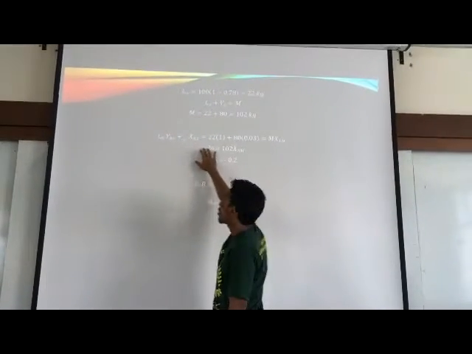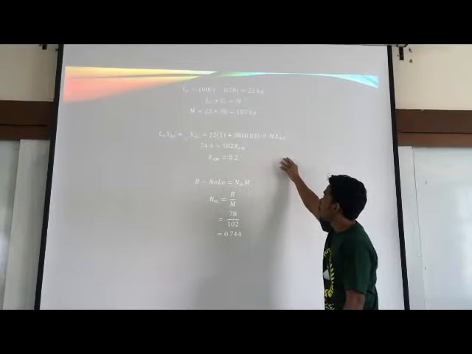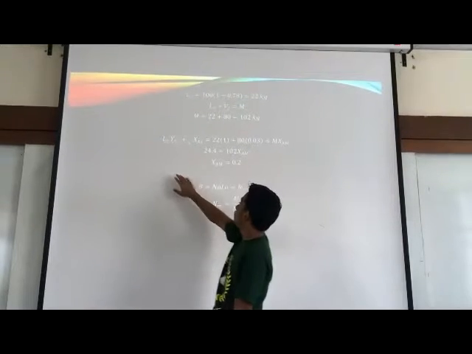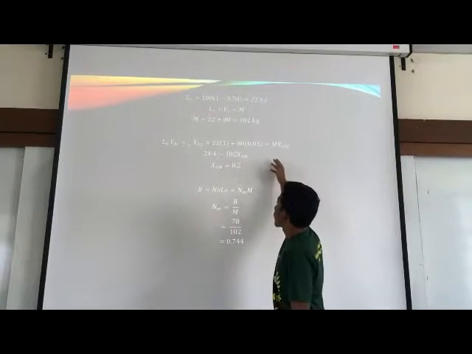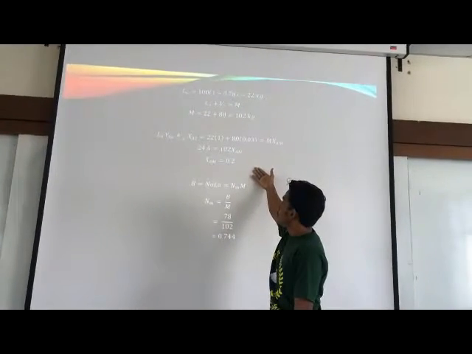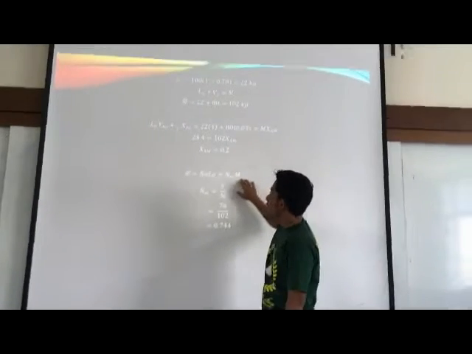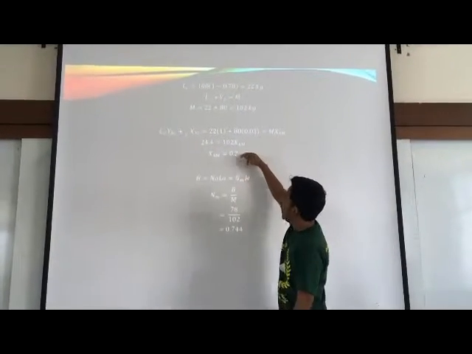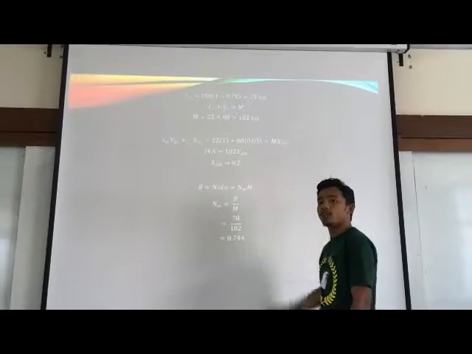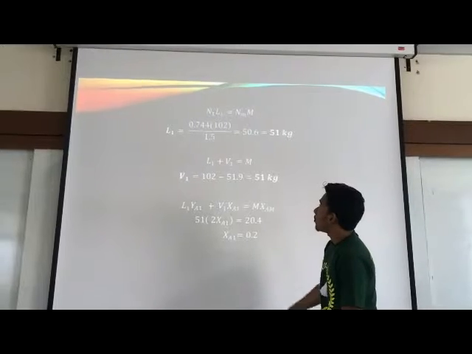From this formula we want to find XAM. So we just put the value for each variable, and we get XAM is 0.2, and we continue by searching for this NM. Both XAM and NM we will use for the graph later. I will show you.